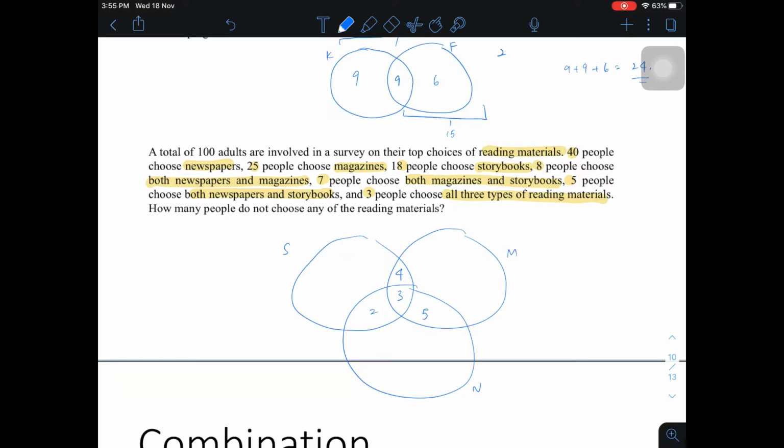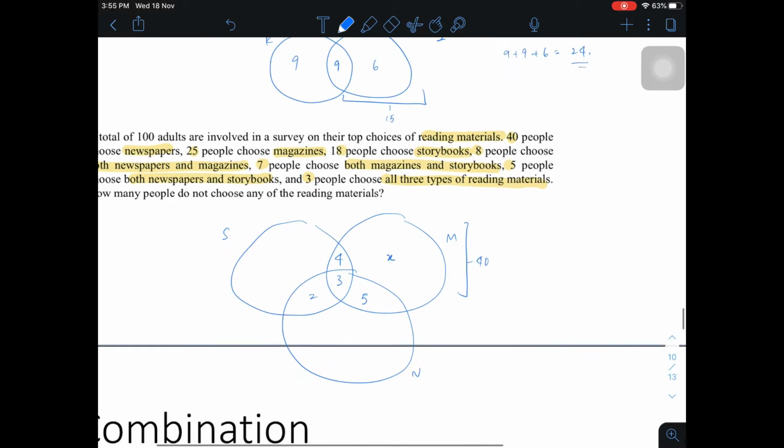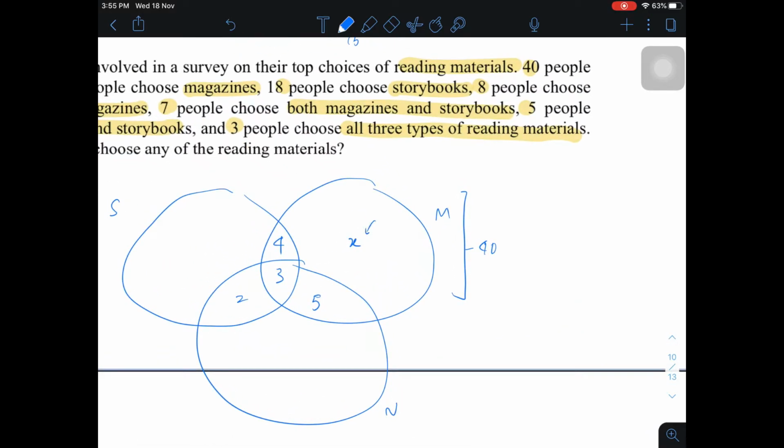We understand that we have the total number, right? So for magazine per se, we have 40 for total. So this would be our unknown variable, which is x. I'll label it as x. So to determine this x, 40, because we understand the total people that read the magazine would be 40.